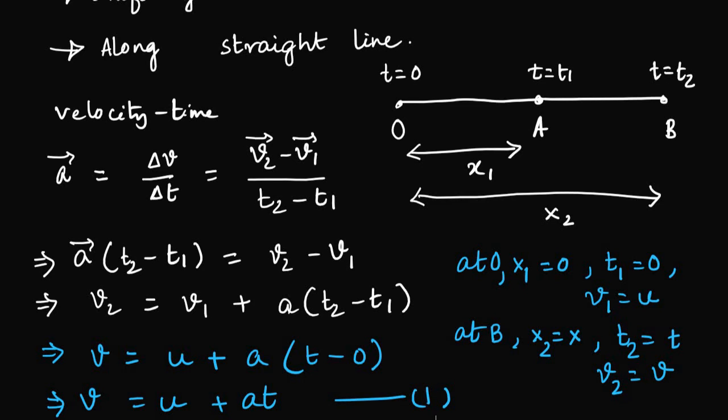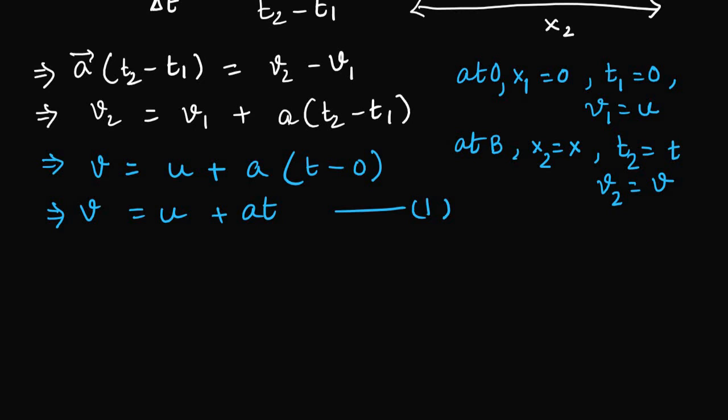We derived this from the velocity-time relation. Acceleration is the change in velocity, which gave us this equation of motion: v equals u plus at, or you can write it as v final equals v initial plus at.